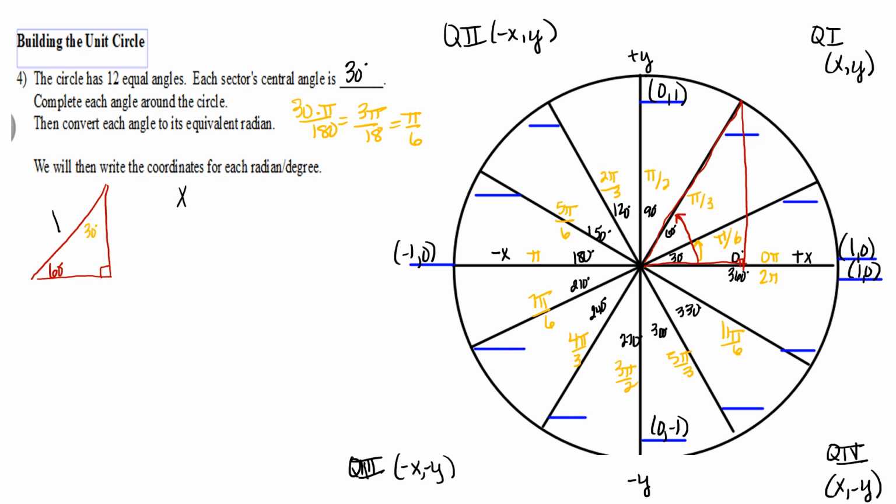So we're going to go back to our 30, 60, 90 ratios of 30 degrees is across from x, 60 degrees is across from x multiplied by the square root of 3, and 90 degrees is across from 2x. So if I know that the length of my hypotenuse across from my 90 degrees is 2x, but I know the length of the hypotenuse for the unit circle is 1, when I set those equal to each other and solve, I can determine that my x value is 1/2.